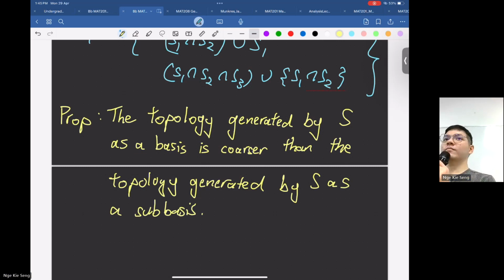Okay? The subbasis one contains the basis one, it's finer than. Okay? Can you follow? Yeah, try and prove this.